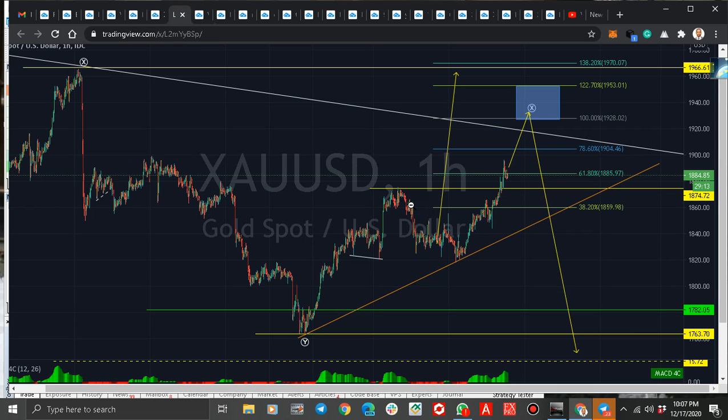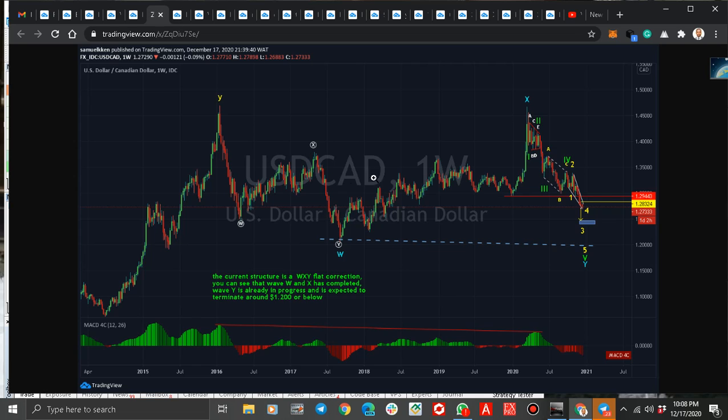On 1 hour, nothing to show, except that from here we might have a correction towards this trend line, then we buy towards here, then before we sell. That's the only thing I see on 1 hour.